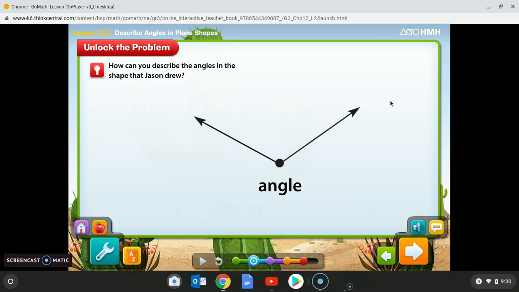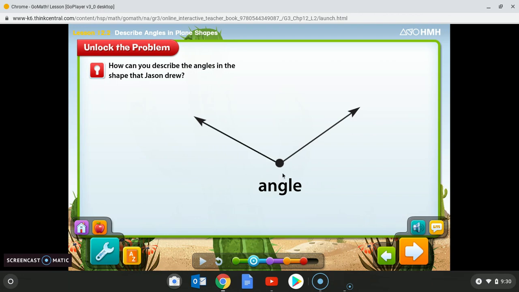A figure like this shows an endpoint and a line. That is called a ray. Do you remember that? A ray? It's a ray if it has a line that's continuing on forever and one endpoint. Here we also have a ray, one endpoint and a line that continues on forever.